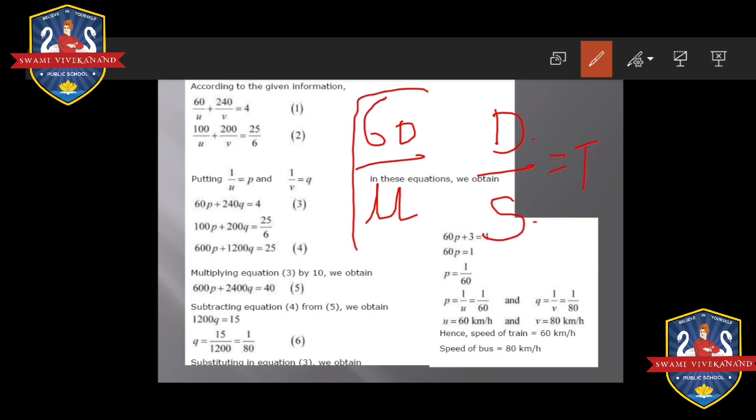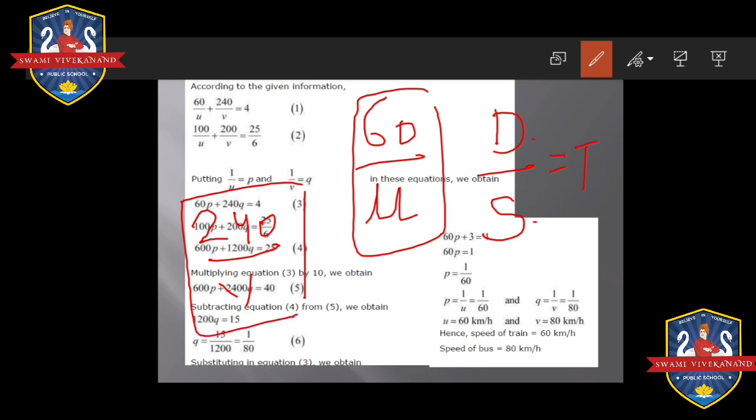So 60 upon u is the time taken by train to cover 60 km. In the same way, a person travels 240 km by bus. So 240 by v is the time taken by bus.